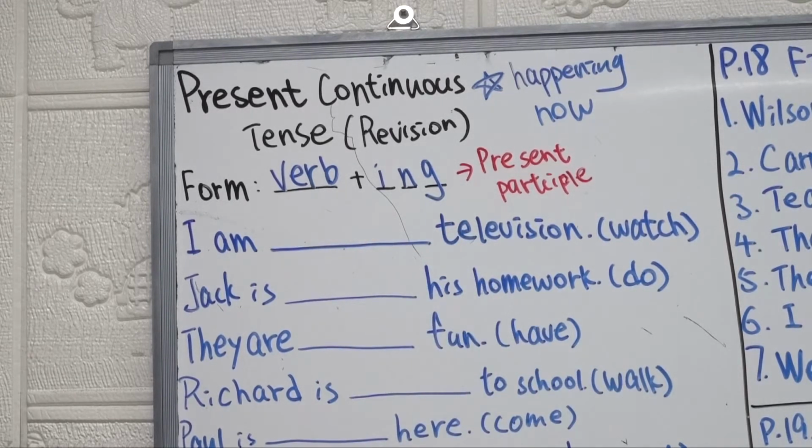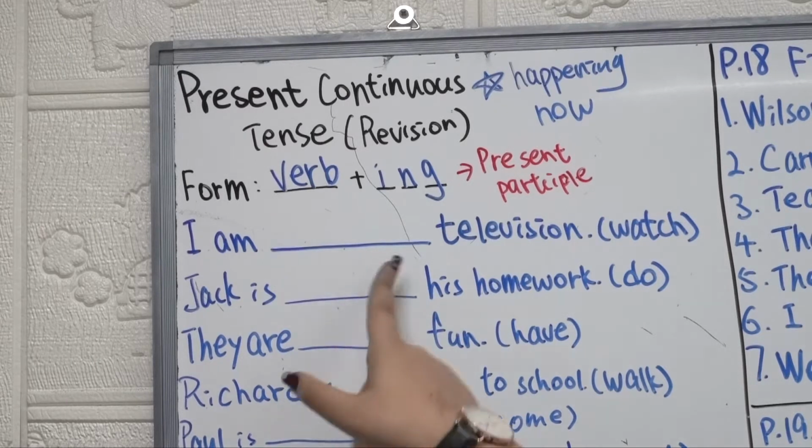So let's have a look. Last time I talked about some of the spelling rules in present continuous tense, right? In this lesson we will go through it, but before that let's do some revision.